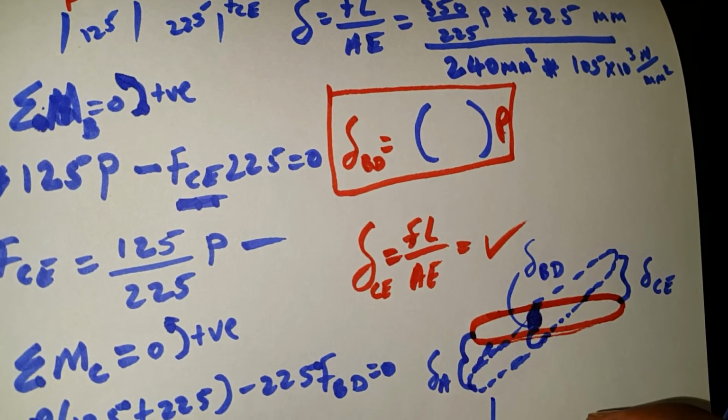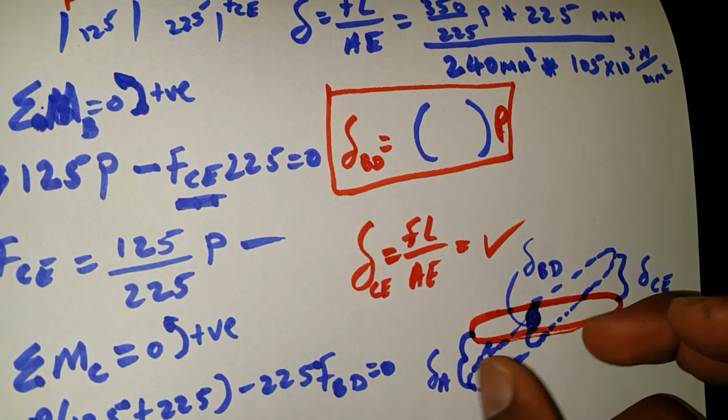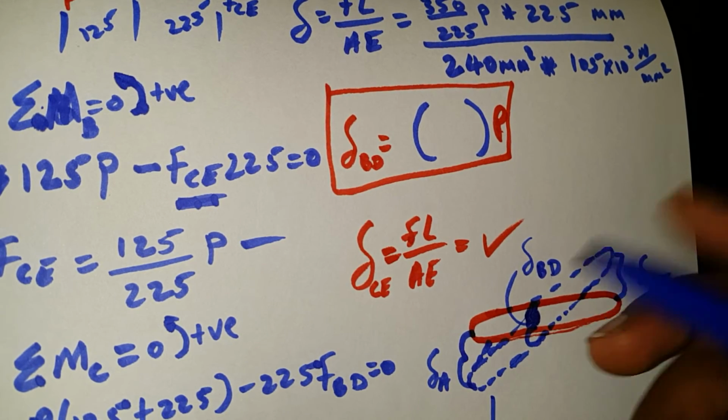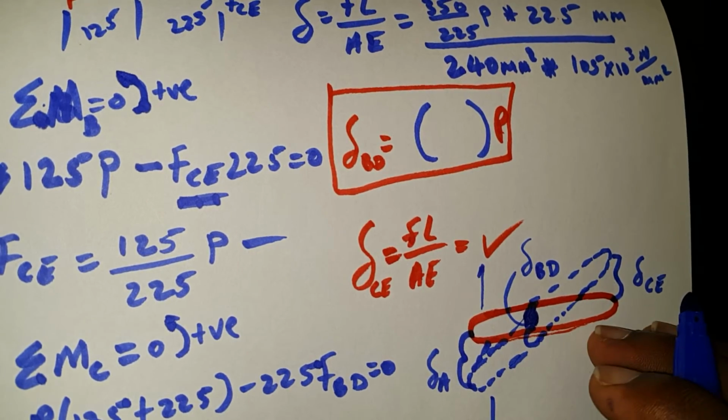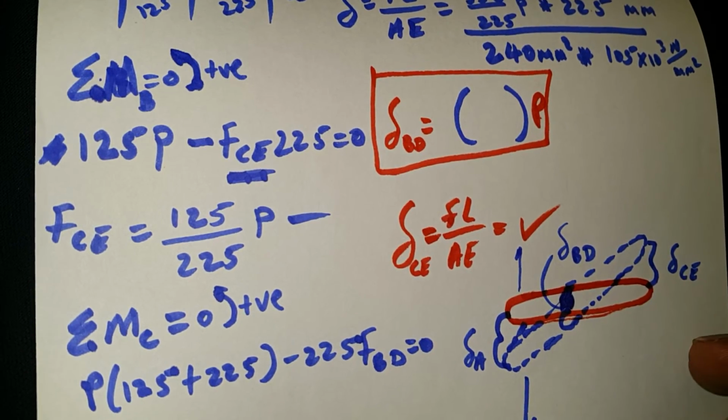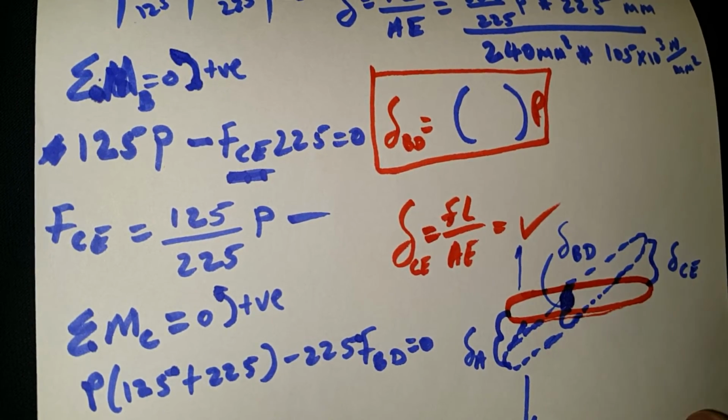So if you apply force downward, it will come down, this one will go up. But if you apply force upward, it will go up, this one will go down. So this is all about deformation, how a member will deform.